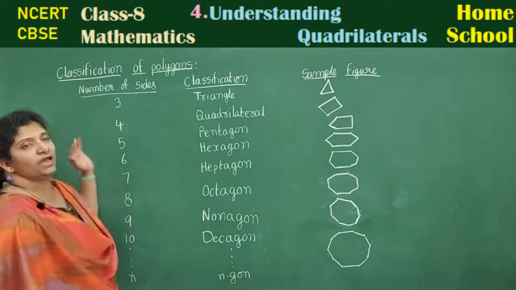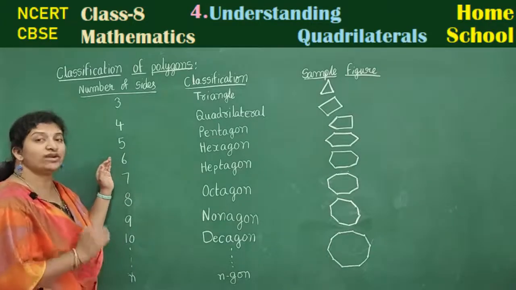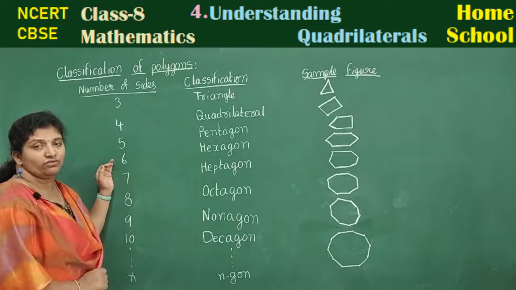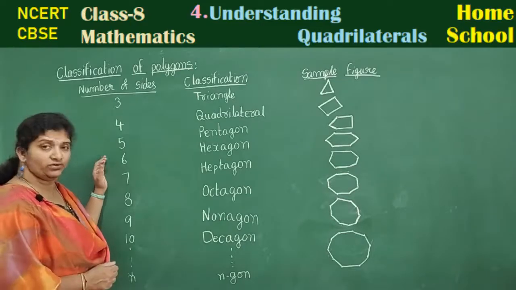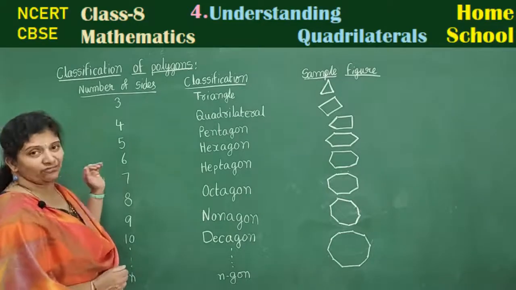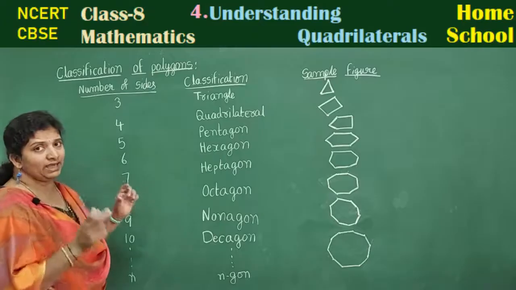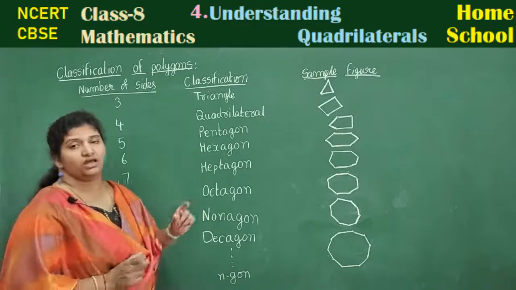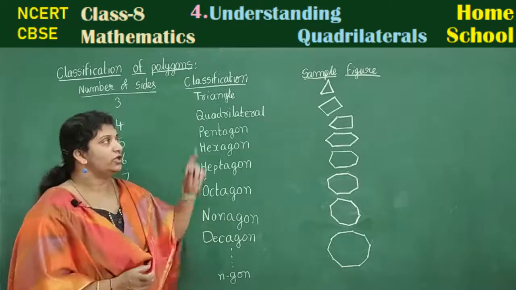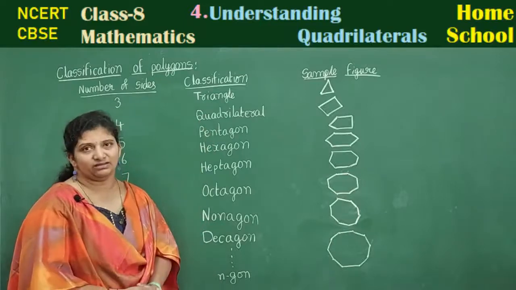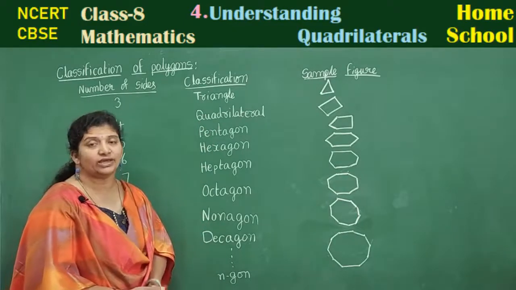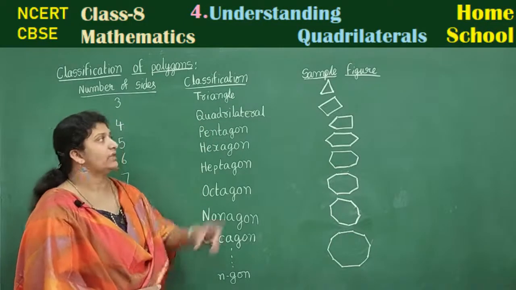If you have 3 sides, 3 line segments, and they are joined, you get a triangle.